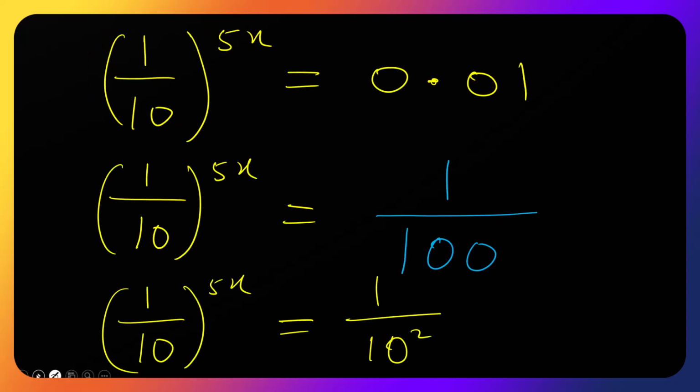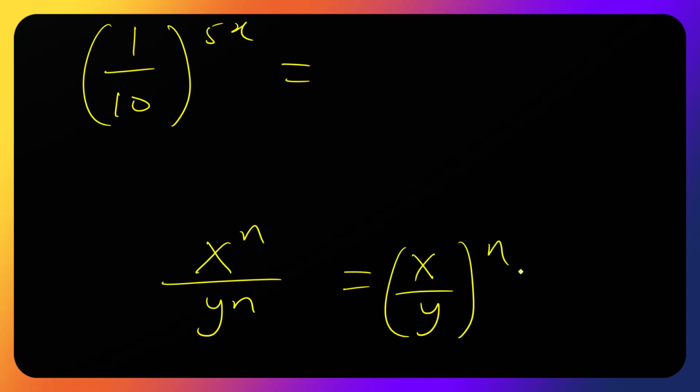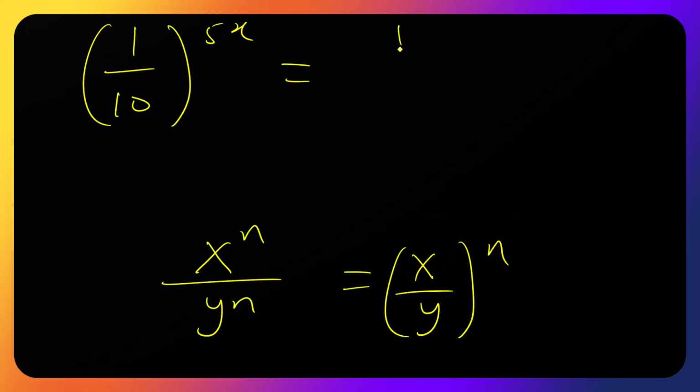Now let's recall something important here. When you see x to the power of n on y to the power of n, it is the same as x on y all to the power of n. And we have 1 on 10 squared.